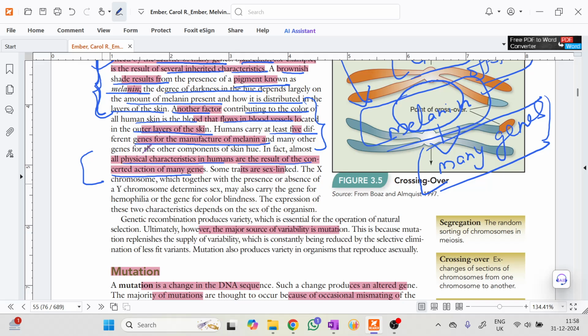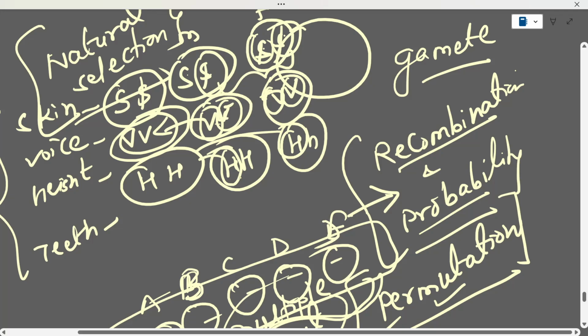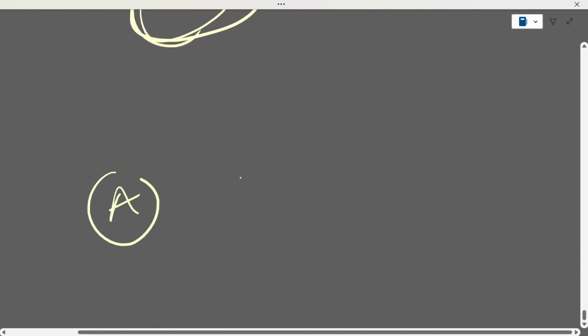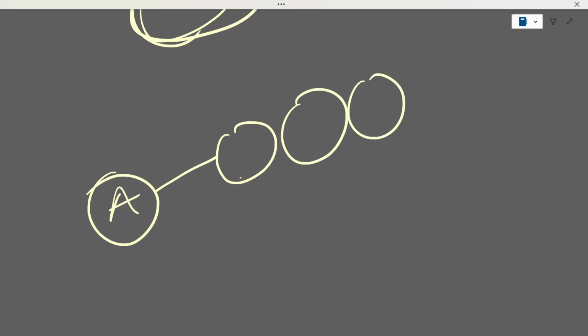Yes, so I may have explained many such characteristics or the whole idea in this simple way, but it generally happens that, let's say, there is character A, and this character A may be controlled by a whole new group of genes.